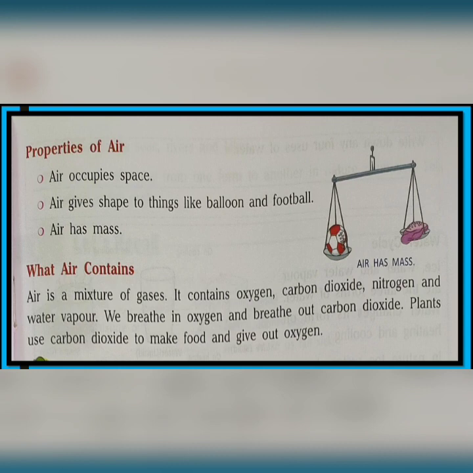Living things need oxygen for breathing and they give out carbon dioxide. That carbon dioxide is absorbed by plants for photosynthesis, and after photosynthesis the plants give out oxygen.